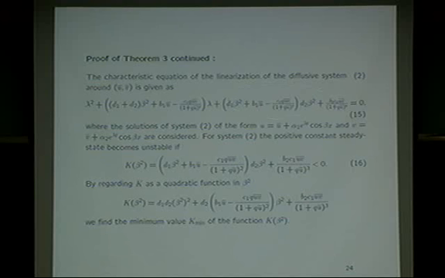If this part becomes negative, then one of the solutions, lambda, will have a positive sign, right? So we'll put a function k(beta squared) for this term, because this term can be seen as a quadratic equation in beta squared.